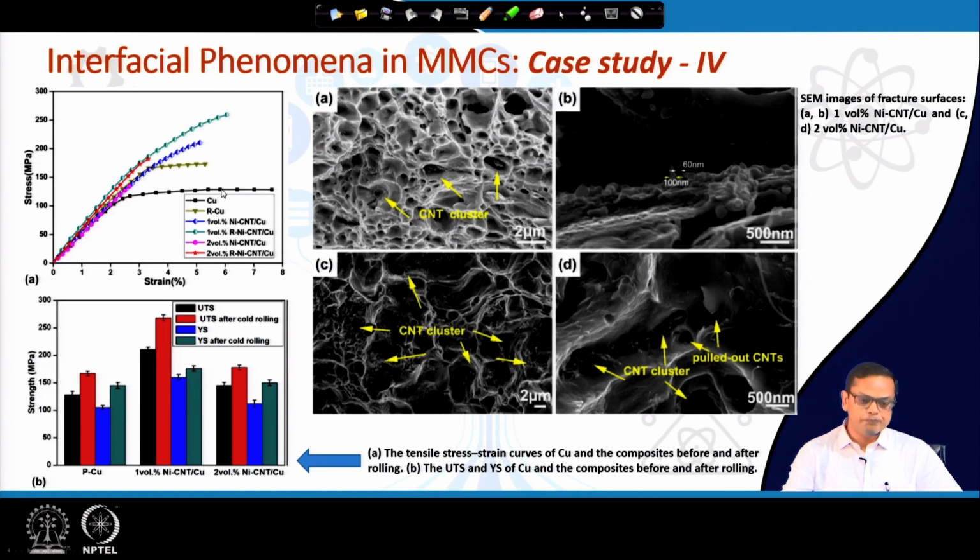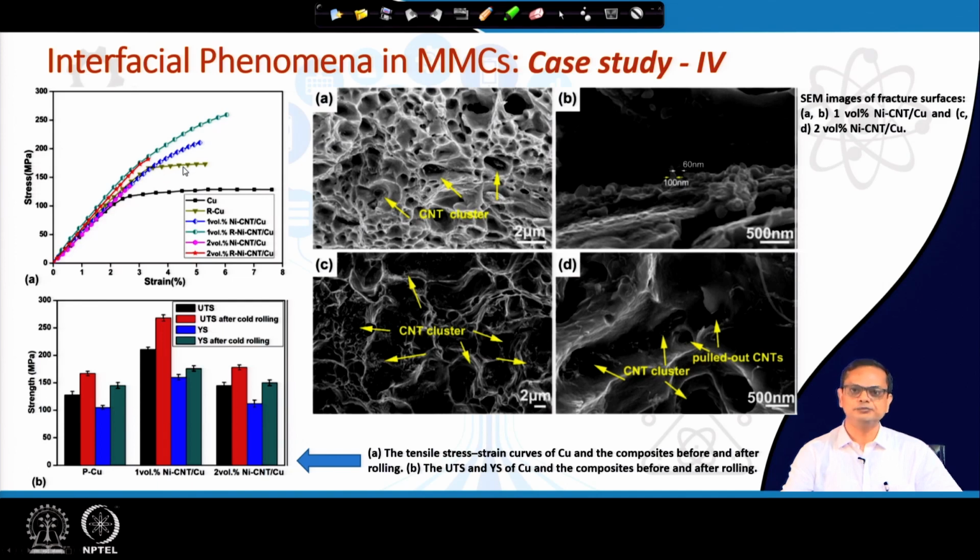Now, if you compare with this RCU, which is rolled Cu, pure copper rolled. You can see here, because of rolling the density increases, and it also leads to some increase in dislocation density because of cold rolling, and that leads to, you can see clearly, an increase in the strength, both yield strength and UTS.